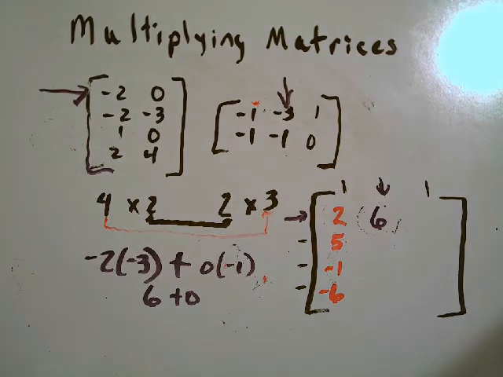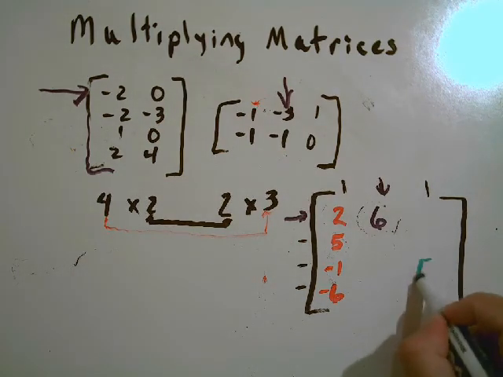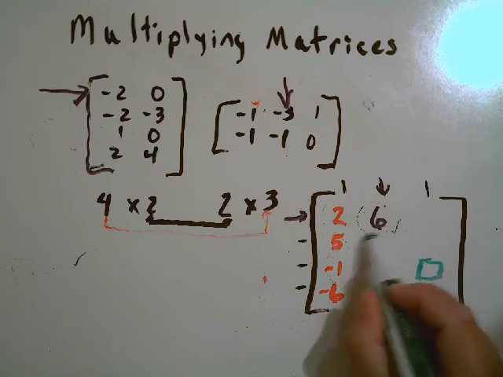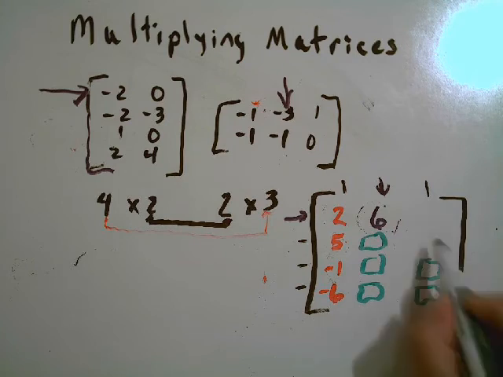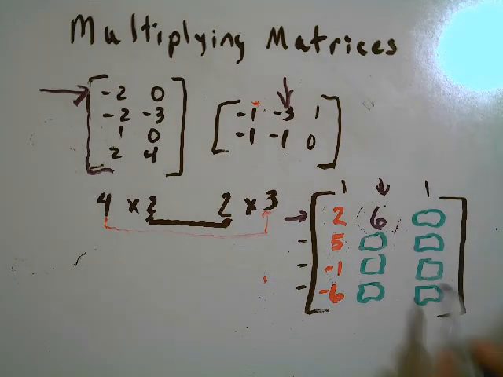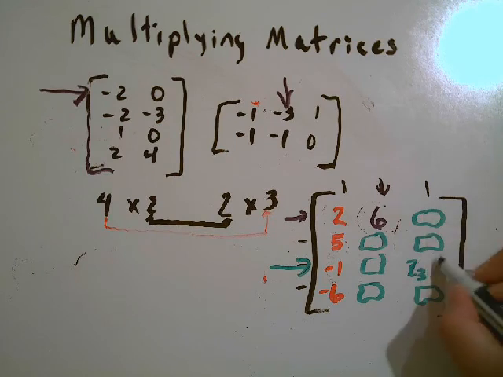Let's go over and find another spot. We could keep going with this, but I think you get the idea. Let's pick this spot right here. Notice there would be elements in each of these places, but I'm going to choose to do this one right here. This would be row 3, column 3.